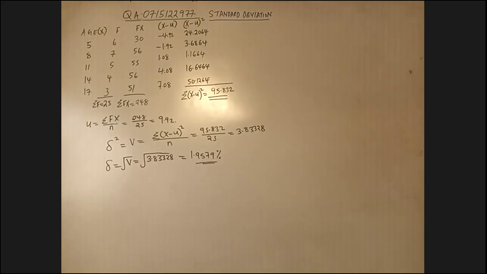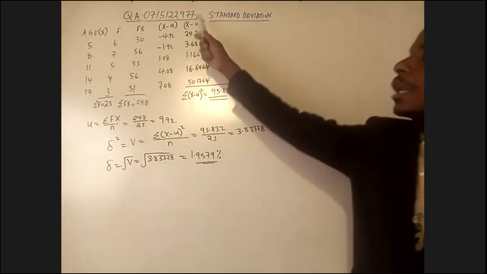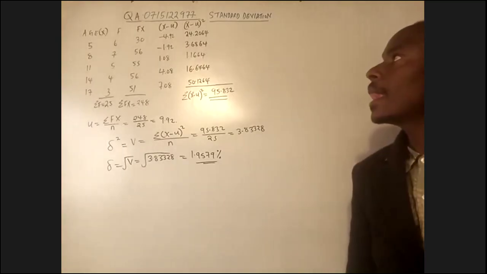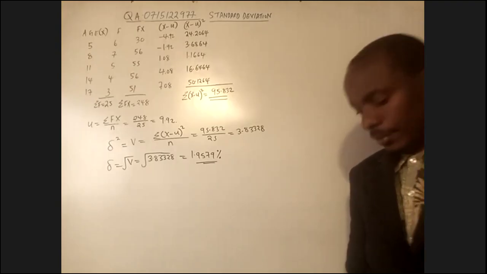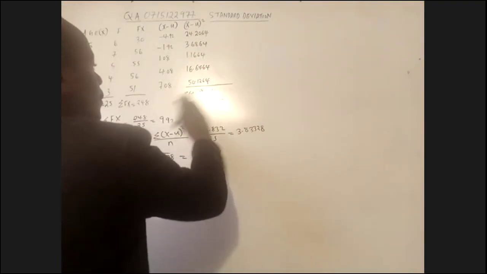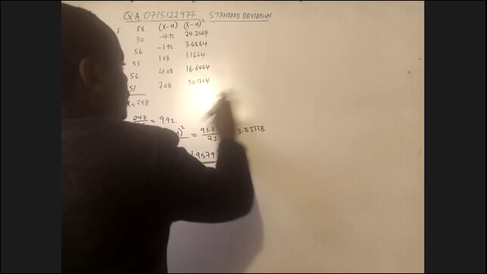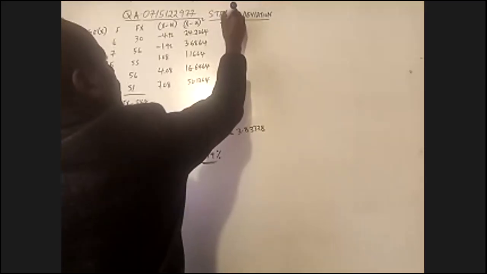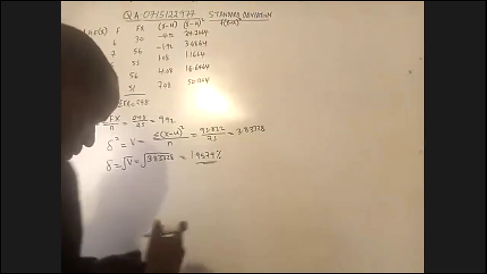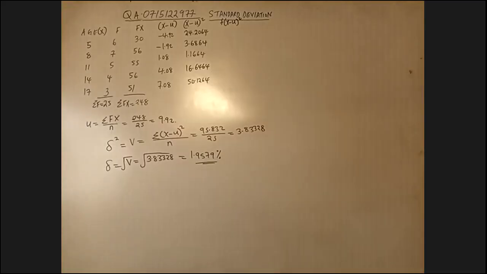You have made a mistake. Yes, frequency. We did not include frequency, right? So you need another table here. So it's not even important. You need another table here: f, x minus mu squared. That is wrong.